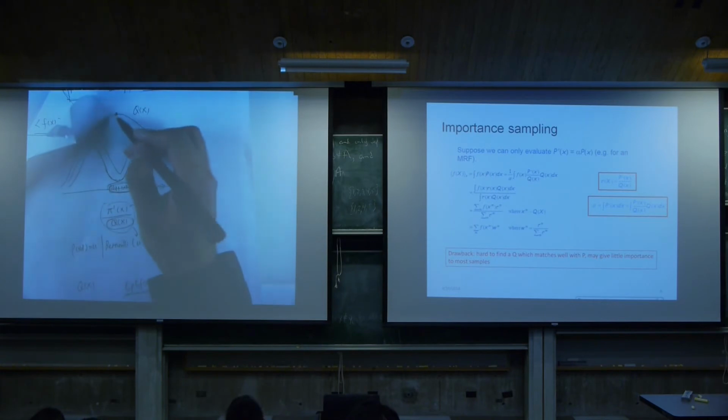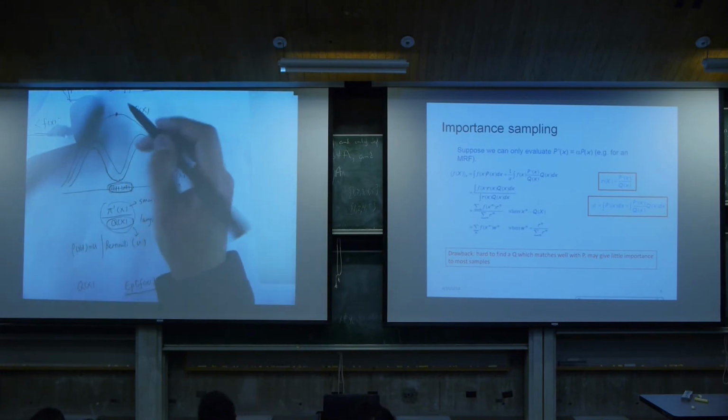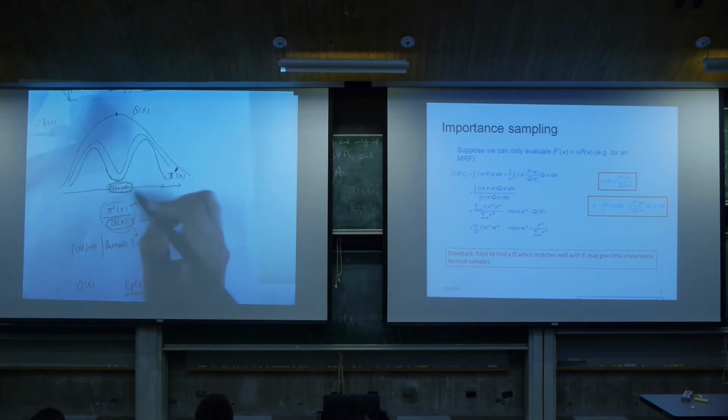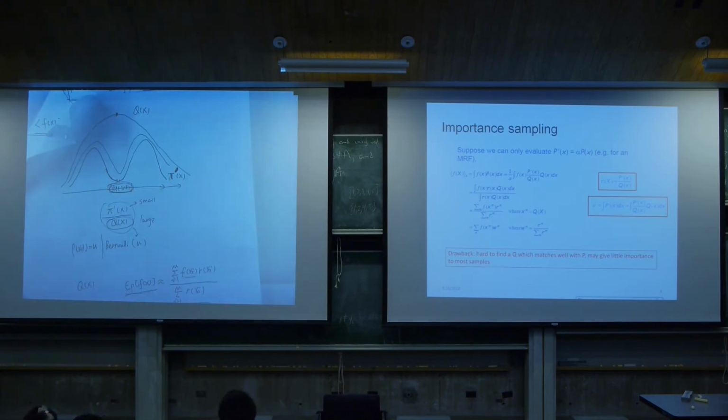So if, unfortunately, you choose a Q distribution like this, most of the samples generated here are given low weights, and their importance is underestimated. So this is the drawback of importance sampling.